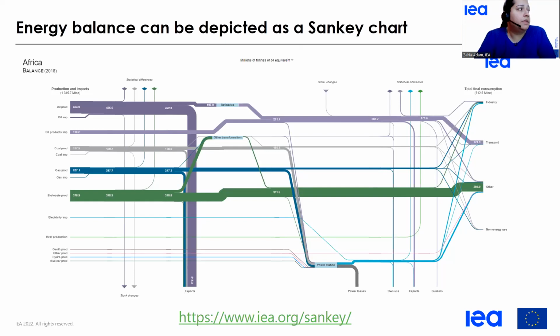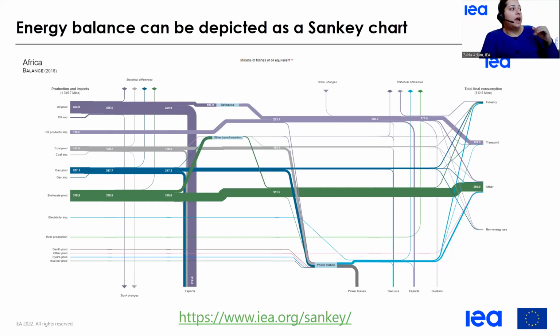For example, here you can see the Africa Sankey flow, and on your left side you can see production of different fuels: oil production, coal production, biofuels, and waste production.